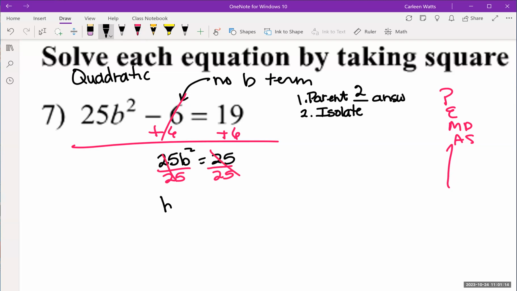Okay, so b squared is equal to 1. So expecting 2 answers, isolate your squared term, and then once your squared term is isolated, we take the square root of both sides.